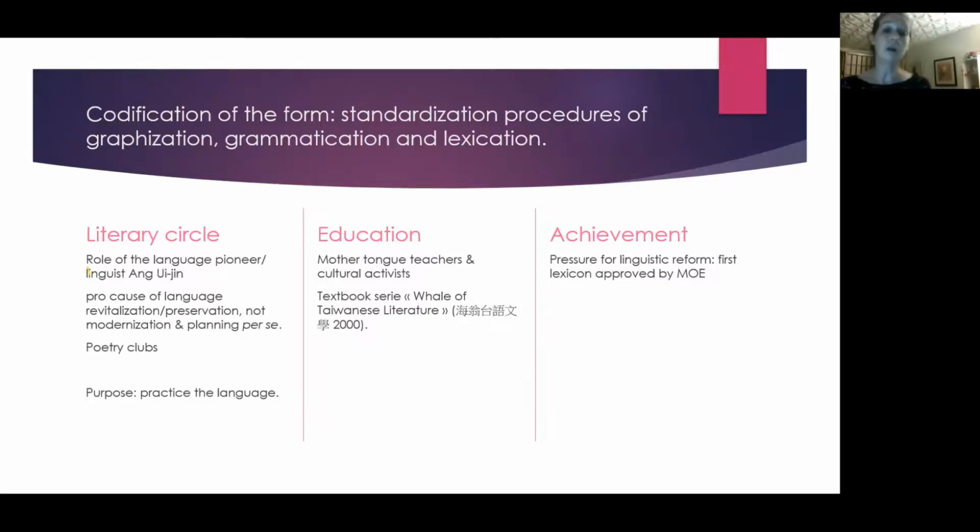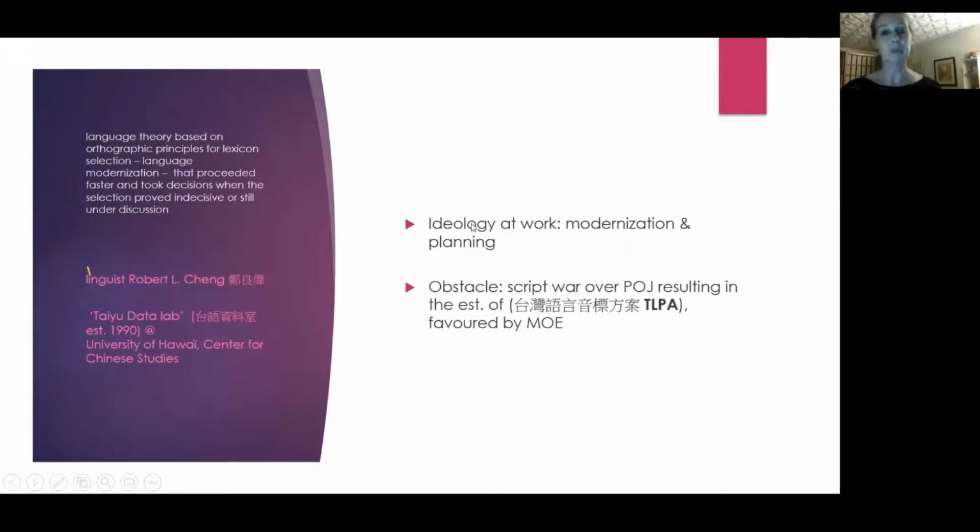On the education level, big impetus has come also from the mother tongue teachers and the cultural activists, who at one particular moment, and that's one of the next slides, there is this disagreement between the spelling, and it are actually the mother tongue teachers who say, look, in all honesty, we will follow the Taiwan system that the Ministry of Education has favored, and with the result that, let's say, the first 300 characters are officially also accepted by the Ministry of Education, put in a dictionary which is available online.